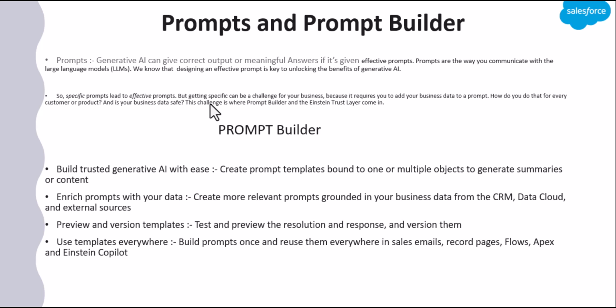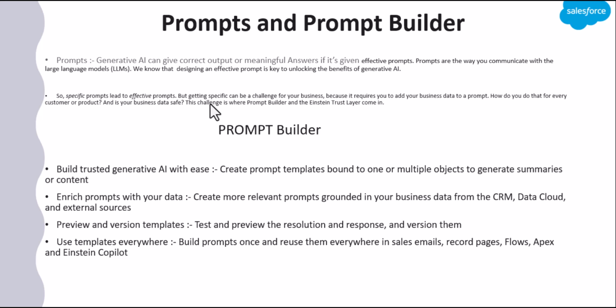So using that prompt template, we can create the prompt templates which we can bind to multiple objects to summarize the data. Then we have enrich prompts with your data. That means we can create more relevant prompts grounded in your business data from the CRM, Data Cloud and external sources. That means in an earlier session, we created the Agentforce employee agent, which is the library agent.